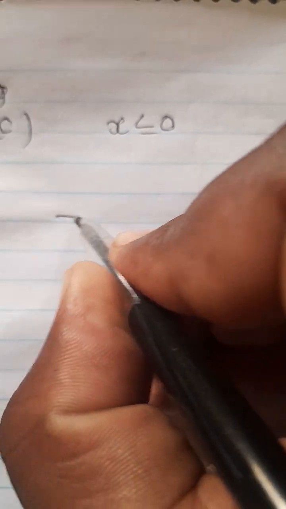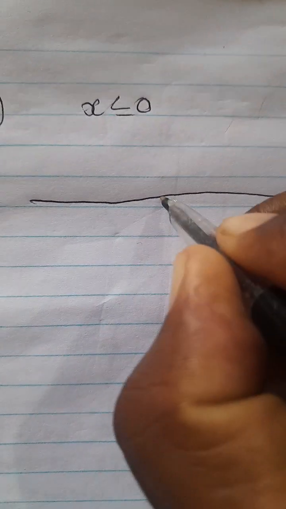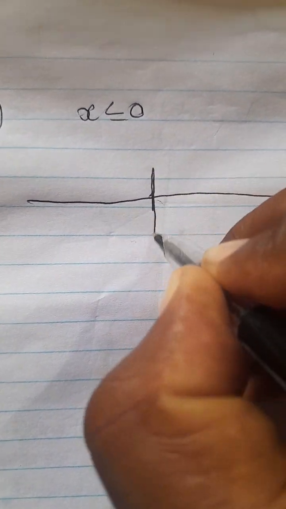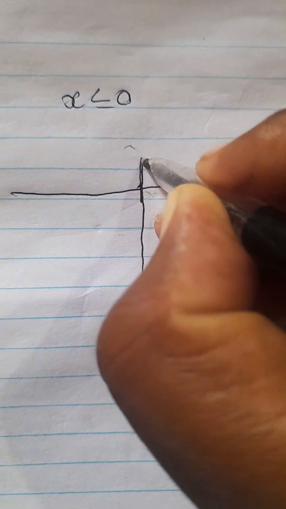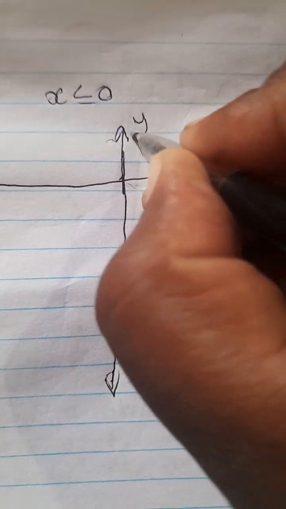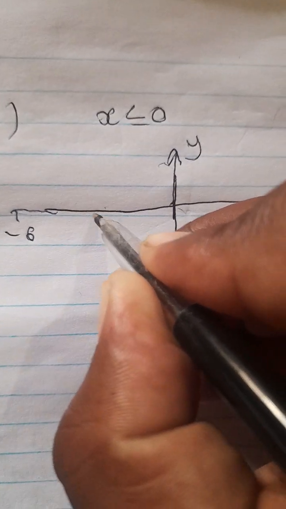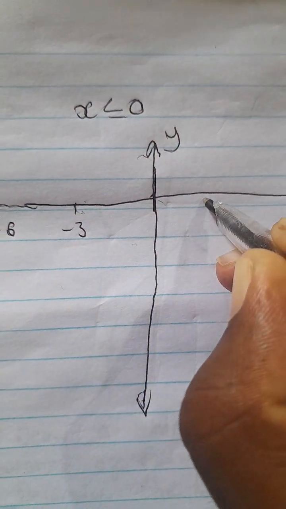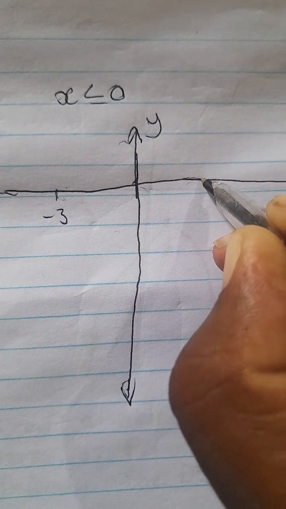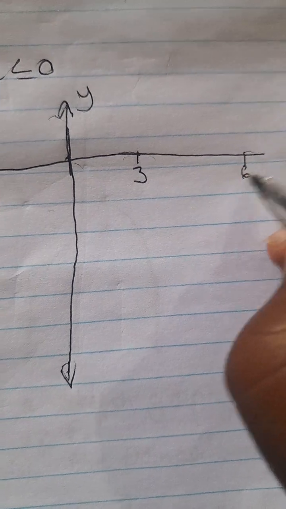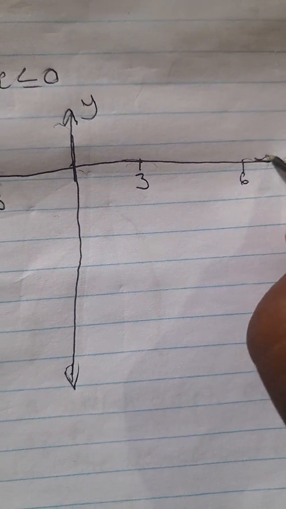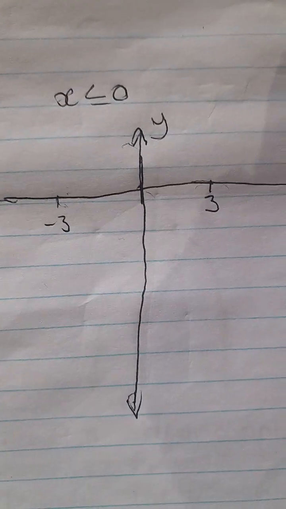So when you draw this, remember this is y, and we said it's negative 6, also negative 3, also 3, also 6. Then lastly it's x here, the x-axis.